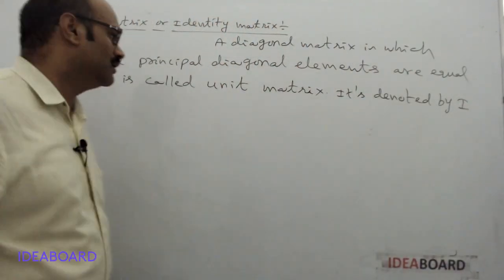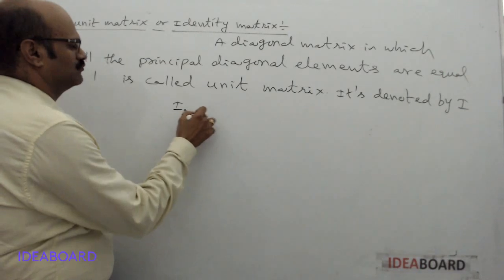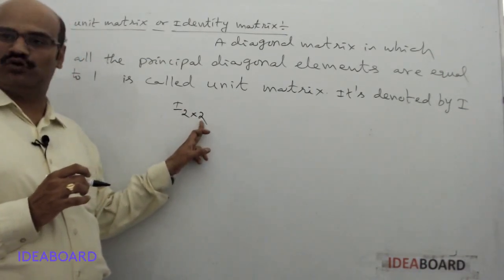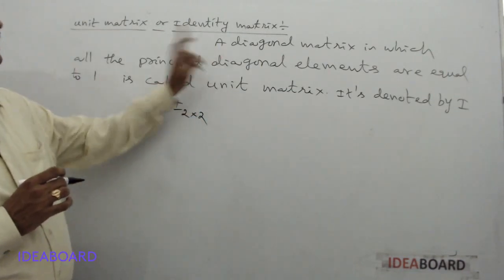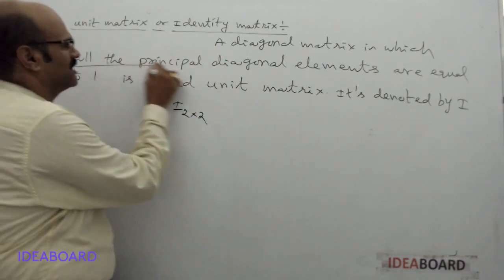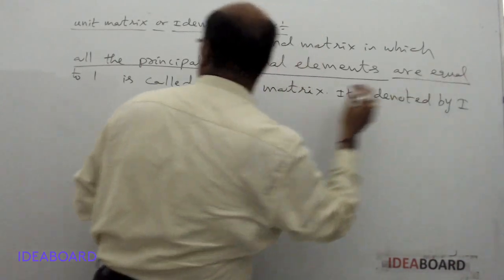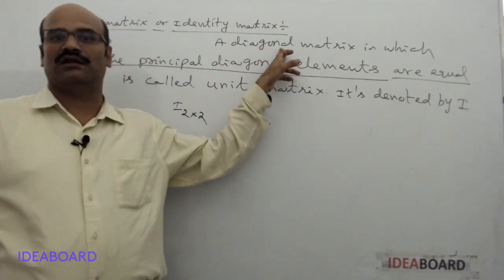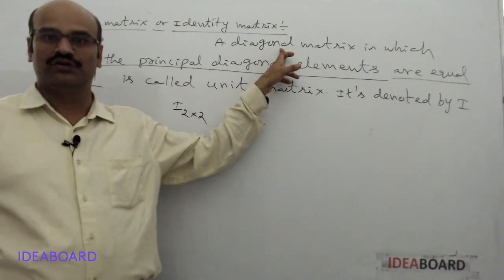Now, I 2 cross 2 equal to, here we have 2 rows and 2 columns. In the definition, all the principal diagonal elements are equal to 1. Diagonal matrix means we know that non-diagonal elements are equal to 0.